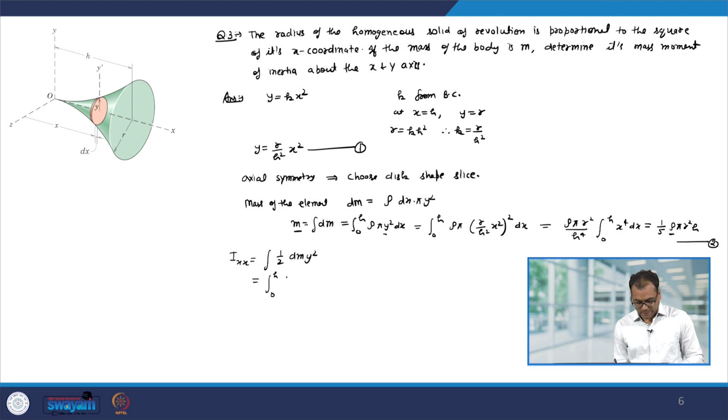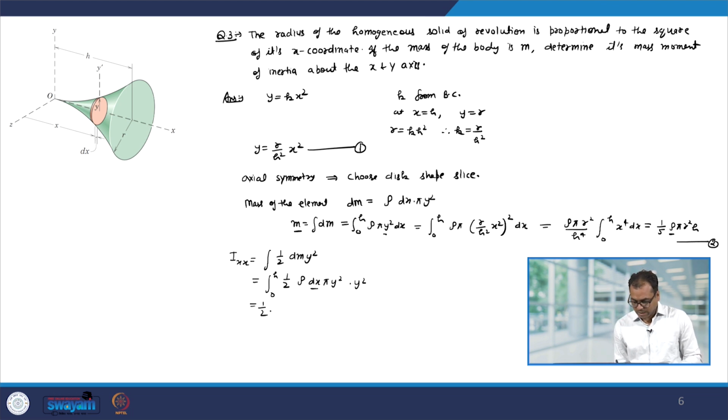So, it is 0 to h, half dm, where dm is rho dx pi y square, into y square. Now, we have to integrate this with respect to x. So, let us put the value of y also.